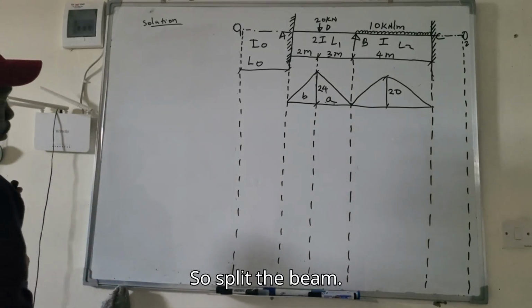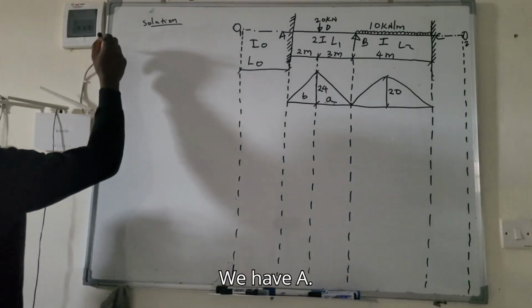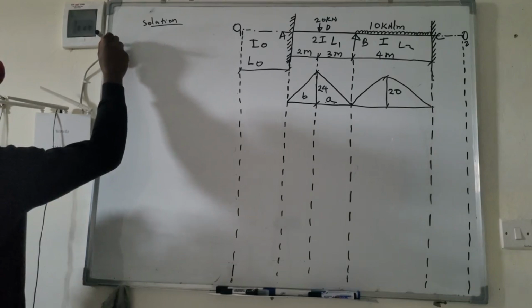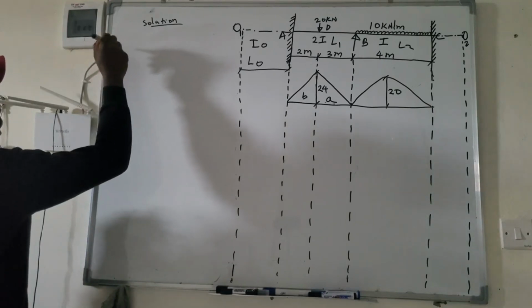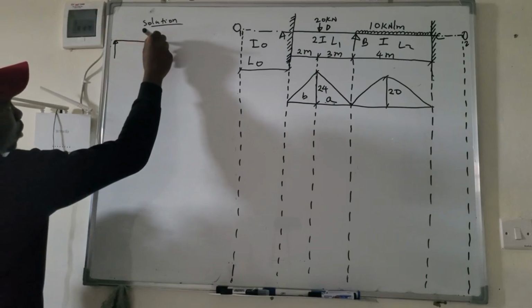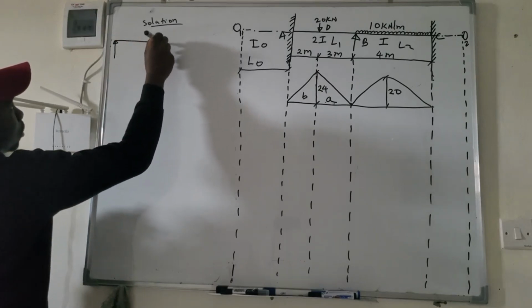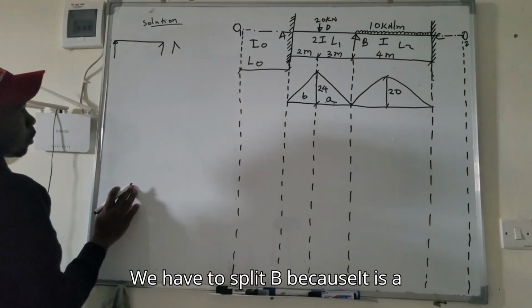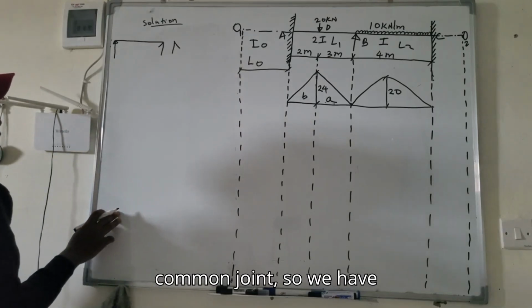So split the beam. We have A. A is a single joint. B, we have to split B because it is a common joint.